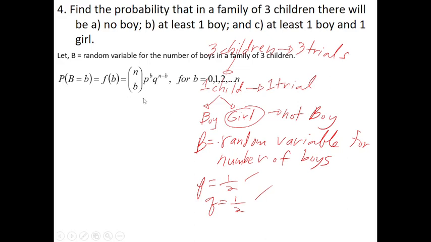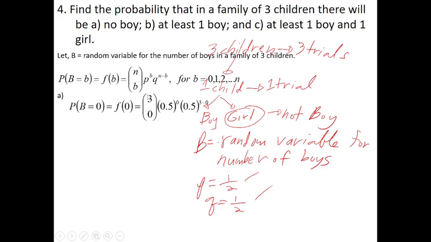Applying the formula for binomial distribution. So we have B equals 0. Okay, no boy kasi, kaya f of 0 equals combination of 3 taken 0 at a time.